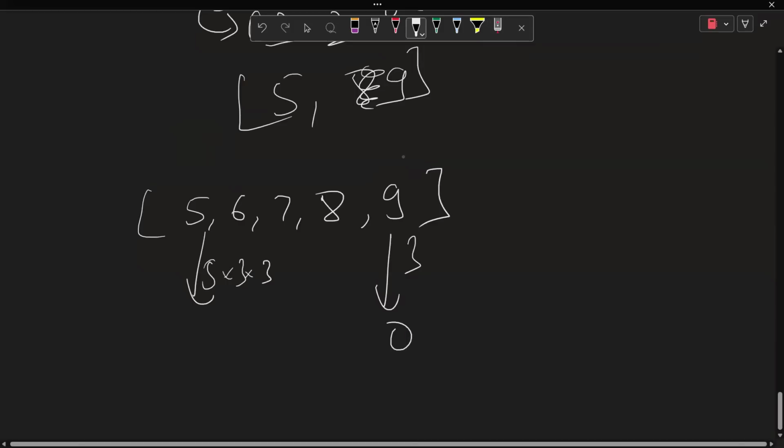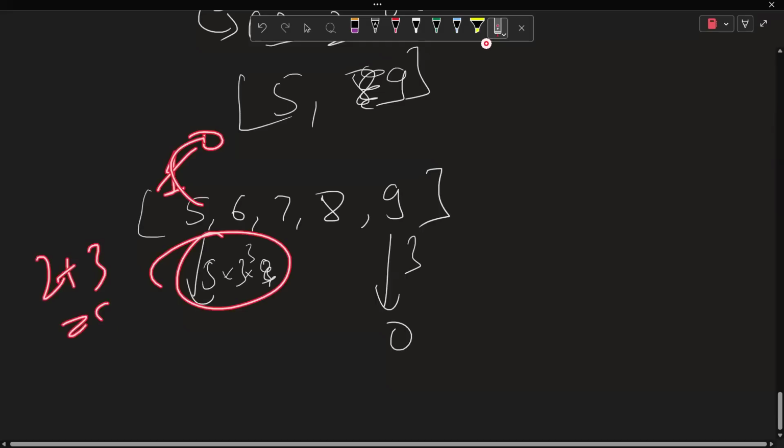Likewise, in 3 steps, while this falls to 0, this 5 would be multiplied by 3, 3 times. Now 5 on its own requires 2 steps to fall: if we divide it by 3, it would fall to 1 and then 0. It would require 2 steps. But this number would now require 2 plus 3, 5 steps to fall to 0.